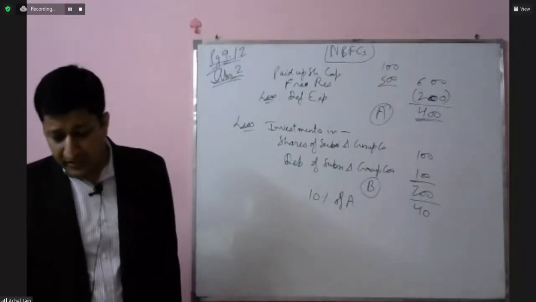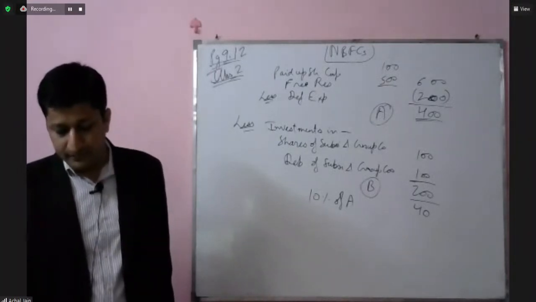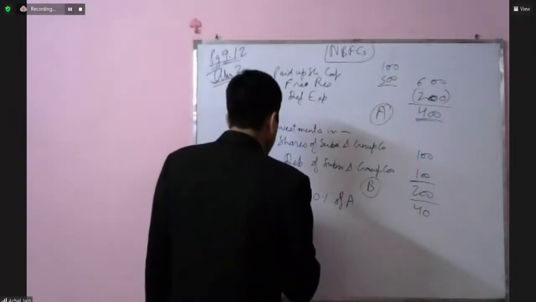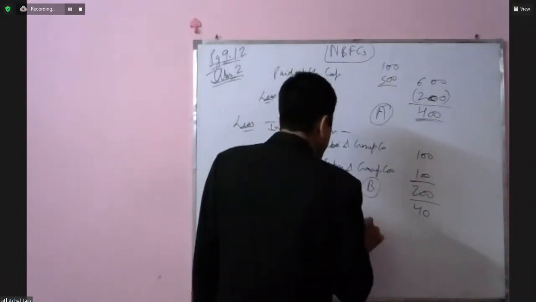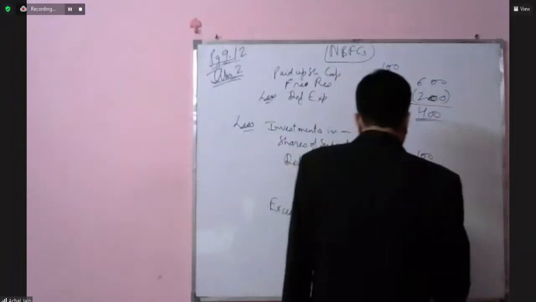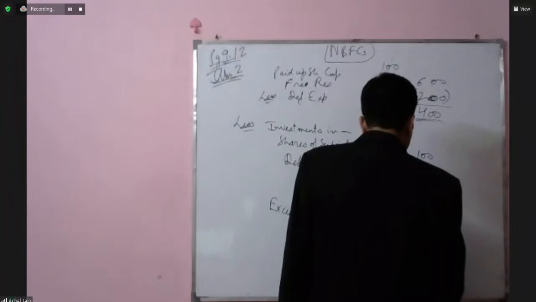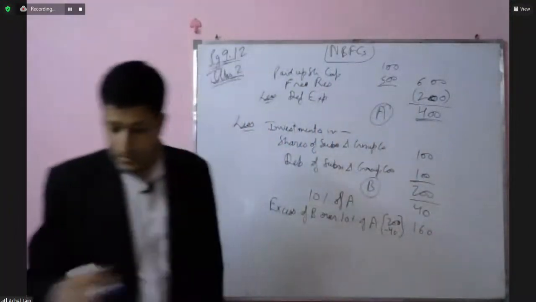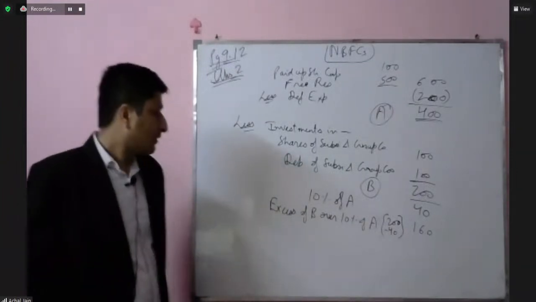So excess of investments over 10% of A, excess of B over 10% of A is what? 200 minus 40. That would be 160. Correct?